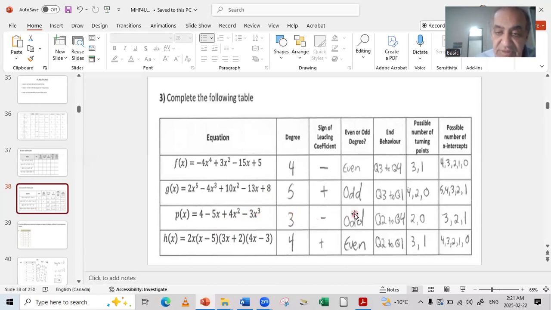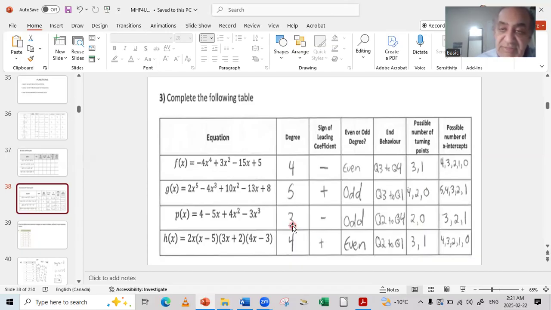It's an odd function because the degree is 3. It's negative, for that reason I will move from Q2 to Q4. Number of turning points, it will be even: 3 minus 1 is 2, so 2 or 0. We cannot say 1.